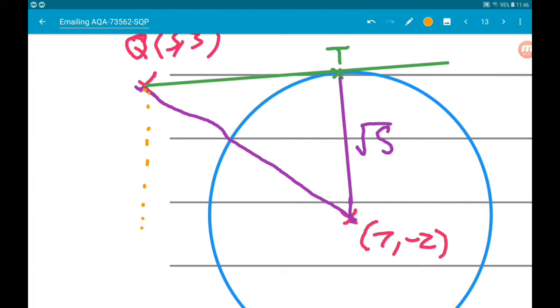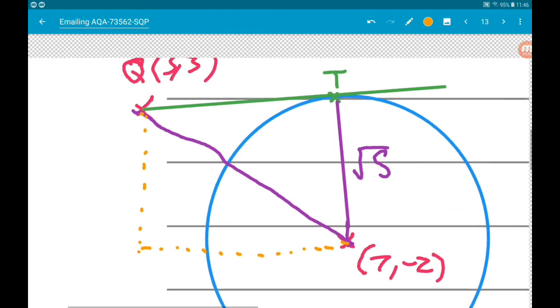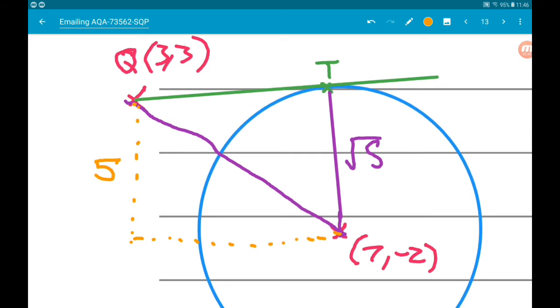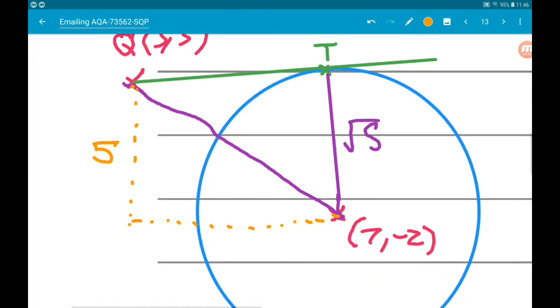We can work it out, and we know that length there. So the height is the difference between 3 and −2. So the height is 5, and the length is the difference between 3 and 7, which is 4.